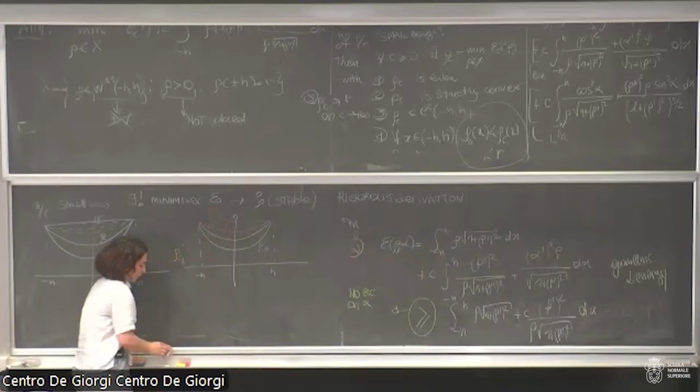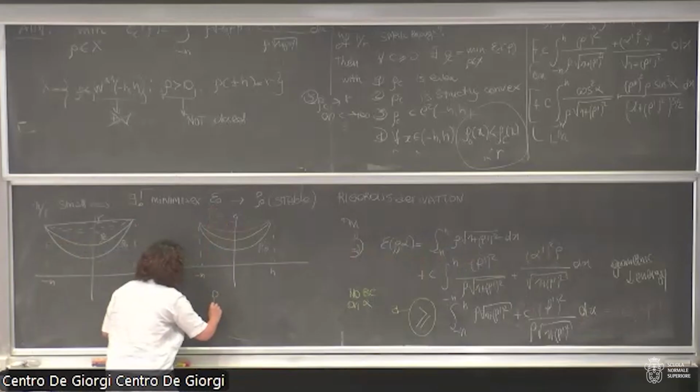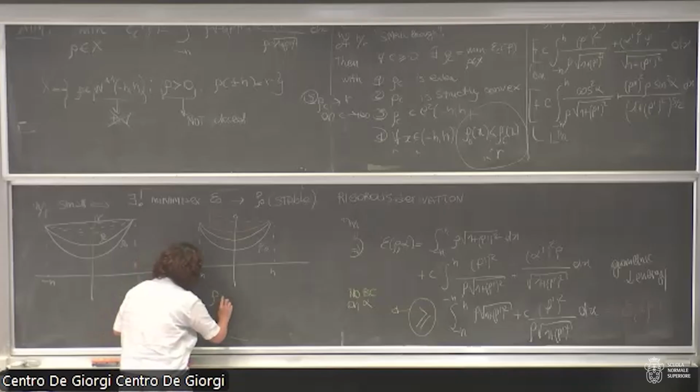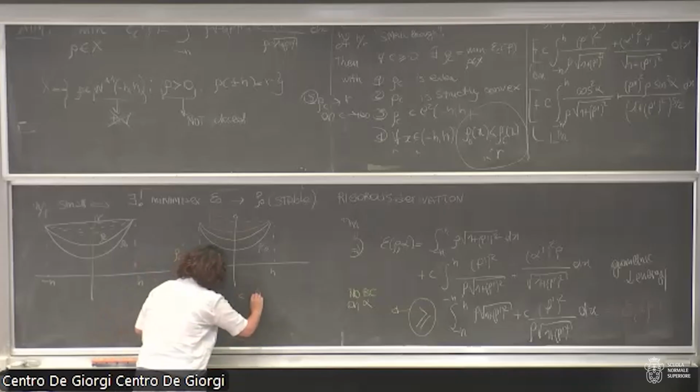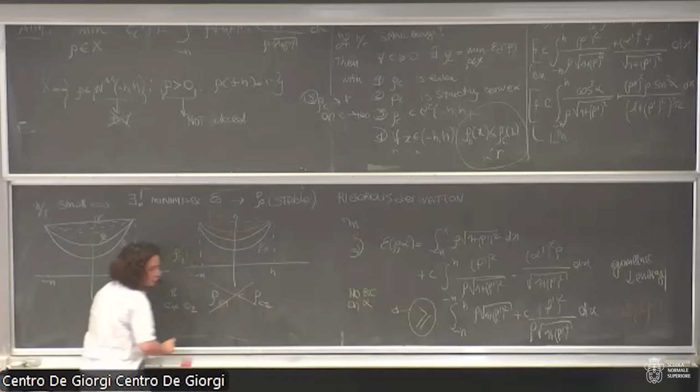One would expect a sort of monotonicity with respect to C, saying that if C1 is greater than C2, then rho C1 is smaller than rho C2, but unfortunately we are not able to prove that.